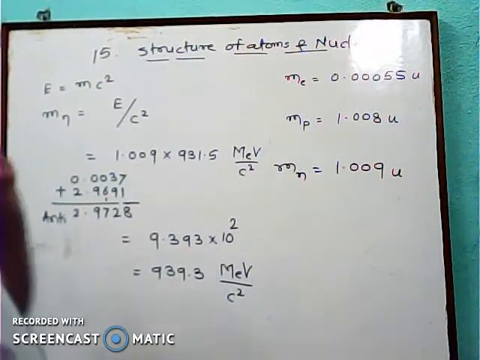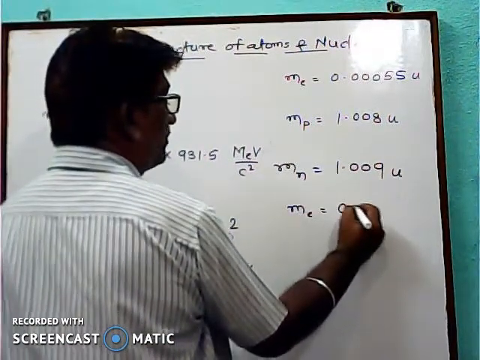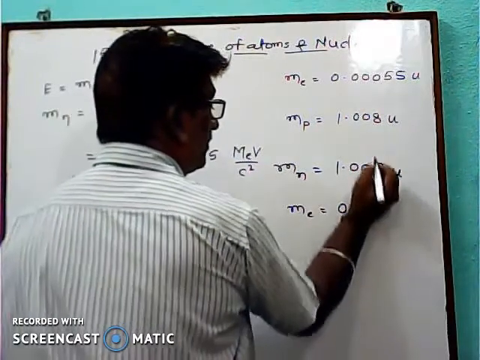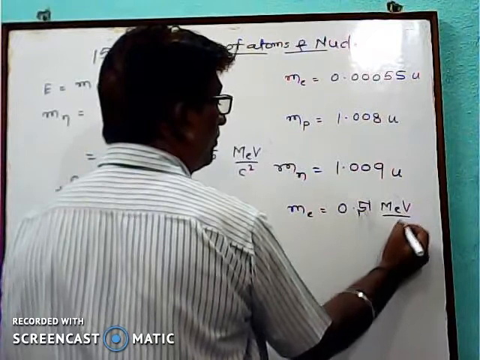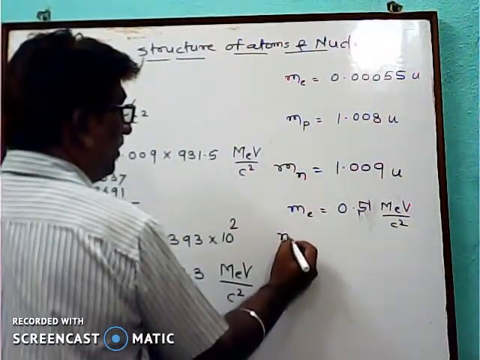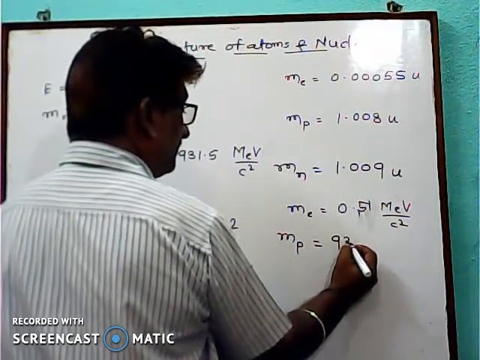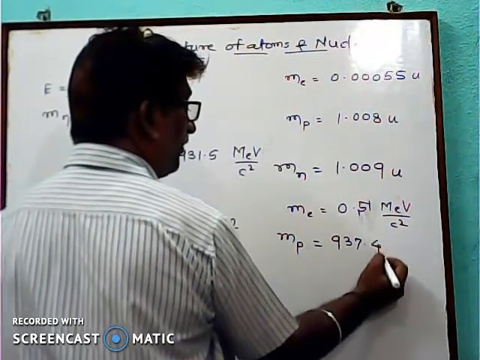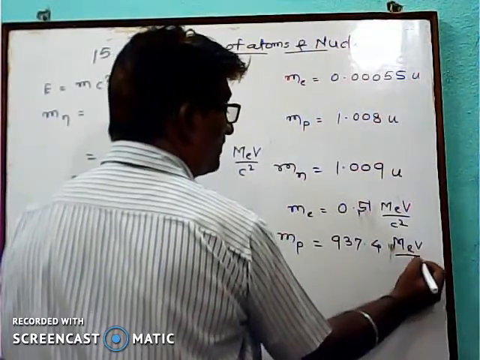Hence, for the third unit, the mass of electron will be 0.51 mega electron volt per c square. For proton, it will be 937.4 mega electron volt per c square.